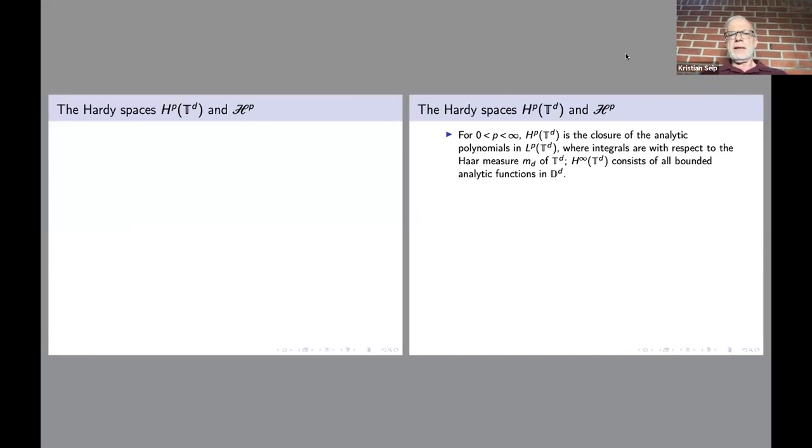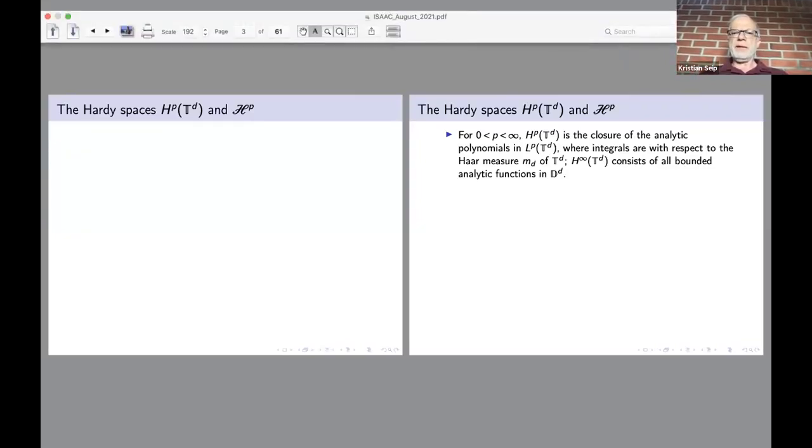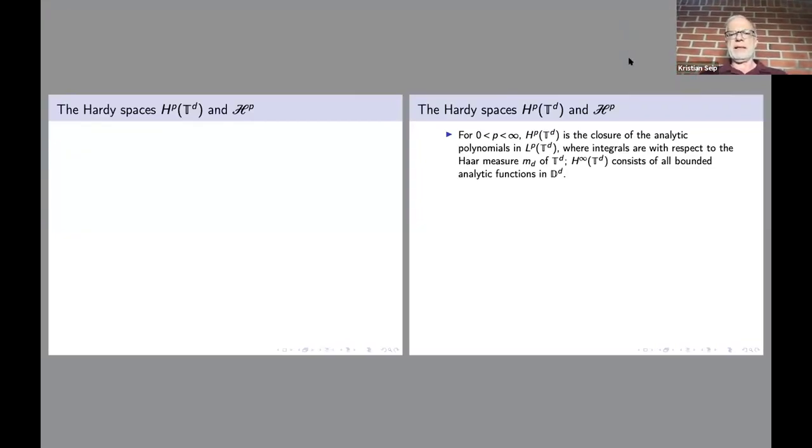And then H^p of T^d is the closure of the analytic polynomials in L^p on the torus. And H infinity is just the space of bounded analytic functions in the d-dimensional multi-disk.